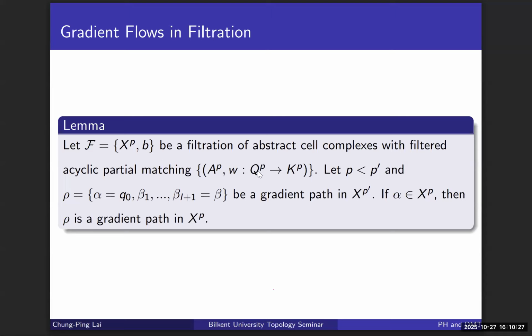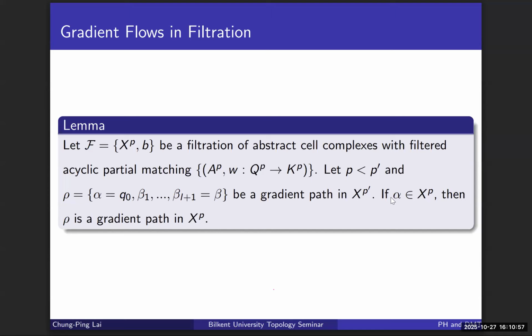So say you have a gradient path ρ in the P prime frame. Now you look at a critical cell alpha at the P frame, where alpha is the first cell of the gradient path.